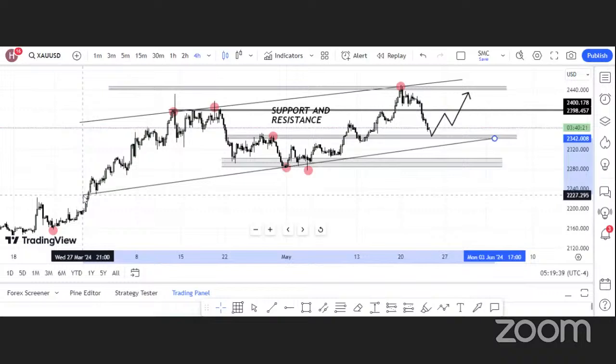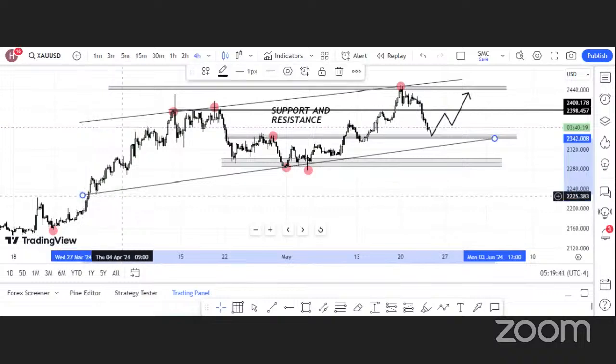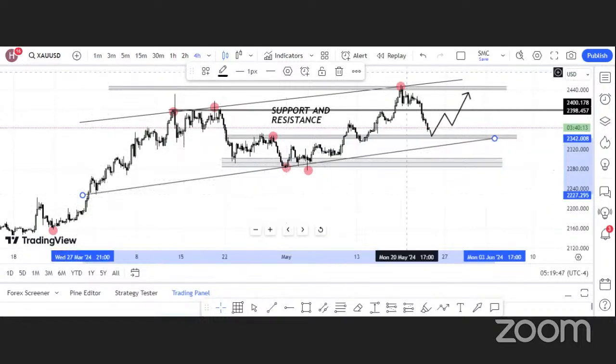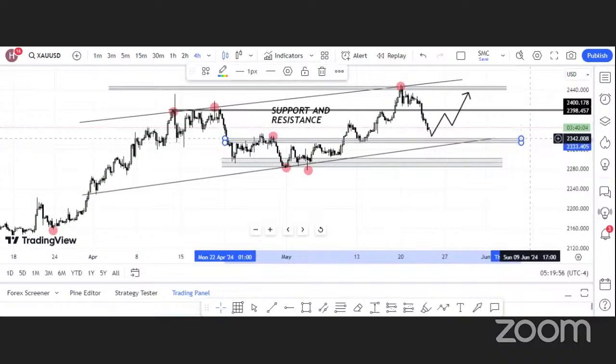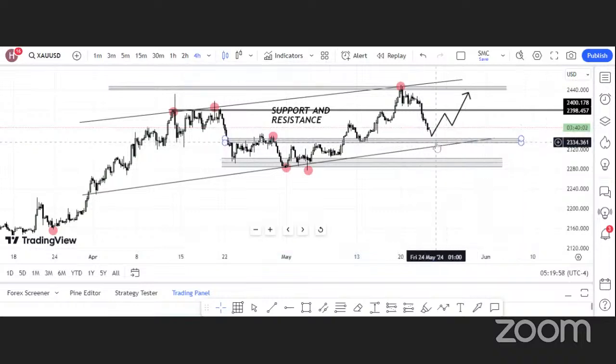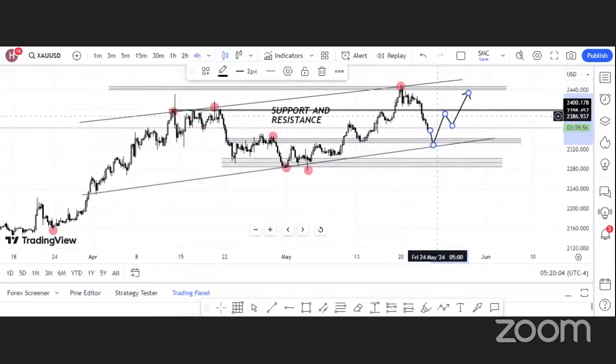I drew the line because of what has happened in the market previously, which is the breakout and the retest, and I'm expecting the market to come to this level before doing what? Before buying. So I expect the market to come back into this level, retest this level, and then buy.